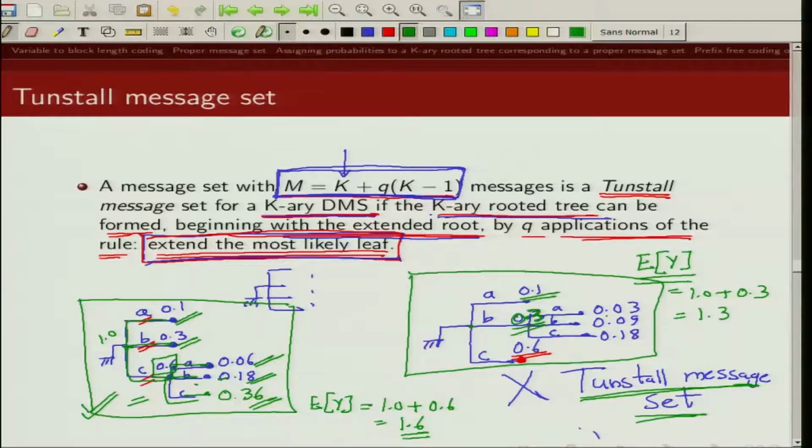It's 0.1, 0.03, 0.09, 0.18 and 0.6, whereas the nodes have probability 1 and 0.3. So you can see here, for a non-Tunstall message set, we have a leaf which has probability more than a node. But this is not going to happen if your message set is a Tunstall message set, because in a Tunstall message set we are extending the most likely leaf.